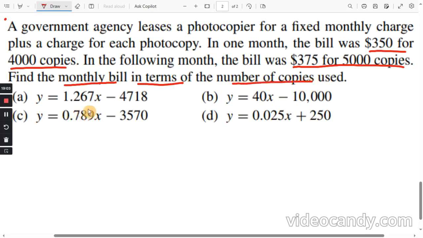All right, you see the answers are y equals mx plus b. So when you have y equals mx plus b, you basically write y in terms of x.